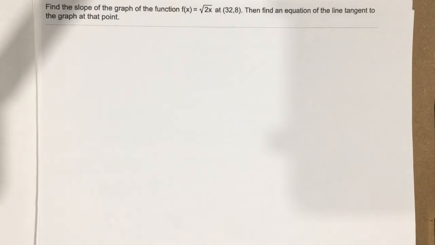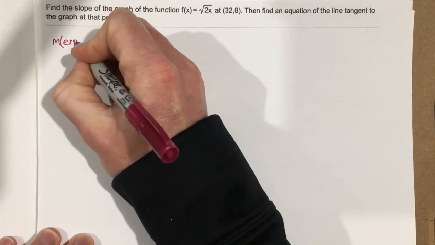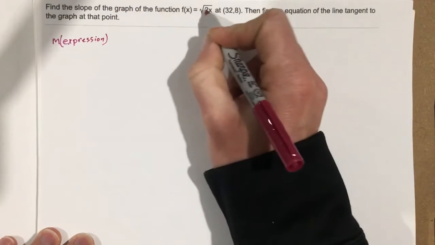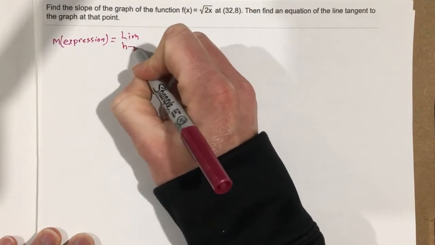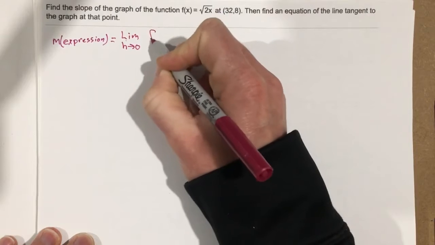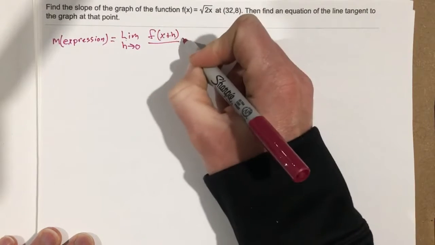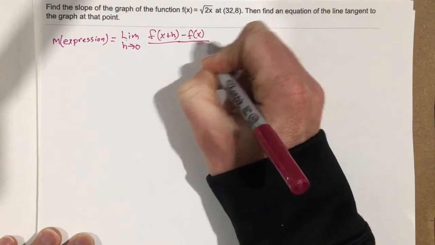All right, we're going to start by finding the slope expression for this function here. And we're going to do that by doing the limit as h approaches 0 of f of x plus h minus f of x, all over h.